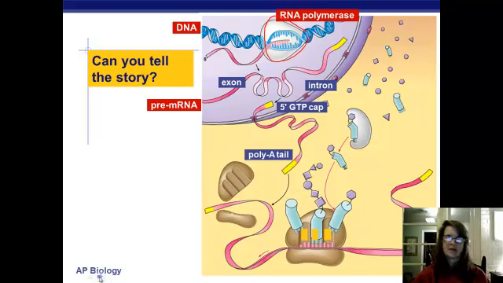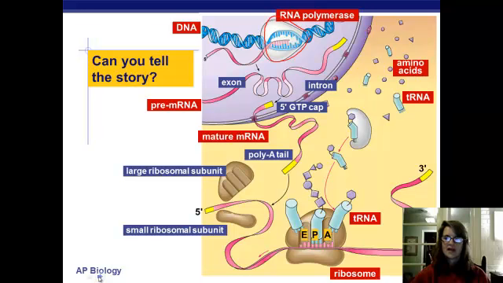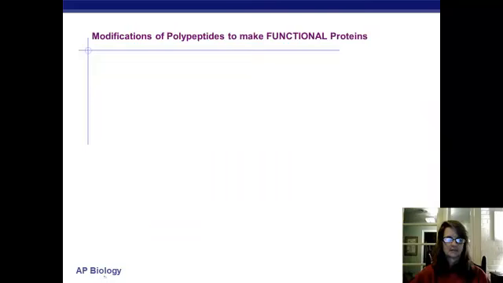We put the 5' cap and the poly A tail on it to protect it, and then we send that mature RNA out to meet the ribosome, where it's threaded through the ribosome, and then we are going to go through initiation, elongation, and termination with the tRNA molecules, bringing the amino acids to that ribosome and making the polypeptide.